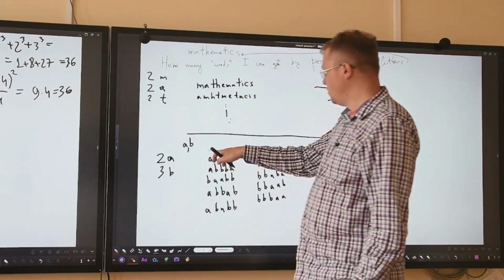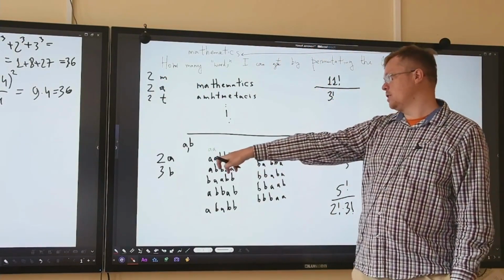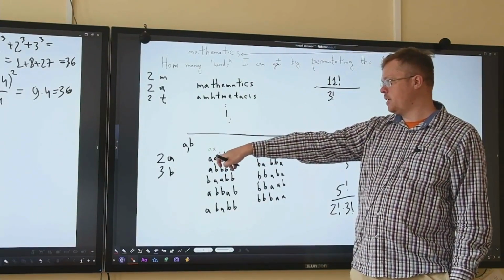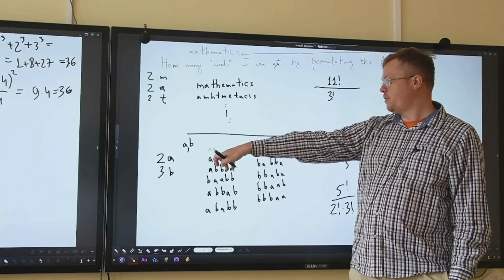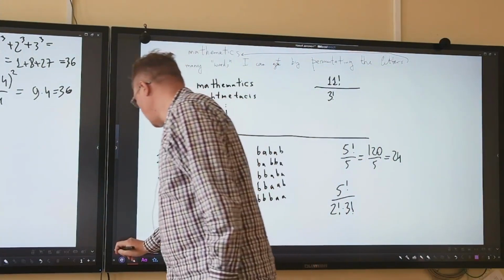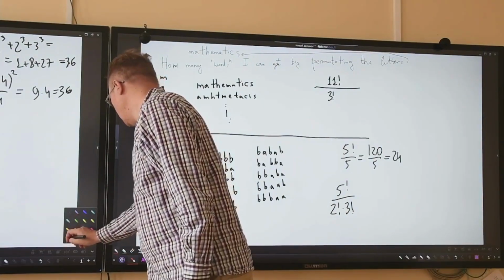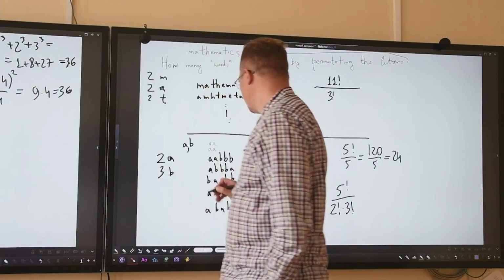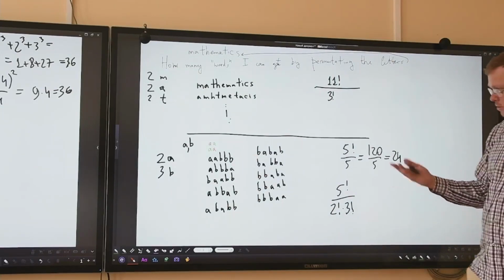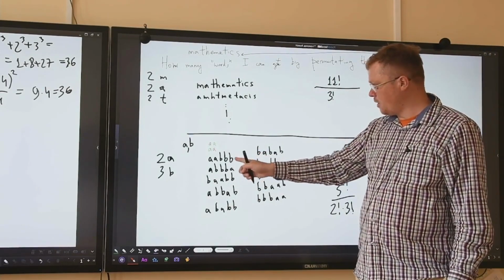For example, if I look at the word A, B, B, B, then the first letter can be green and the second red, or otherwise the first will be red and the second will be green. So I have 2 possible ways of choosing the colors. And for the 3 B's, I have 3 factorial, which is 6, possible ways of choosing the colors of these 3 letters.